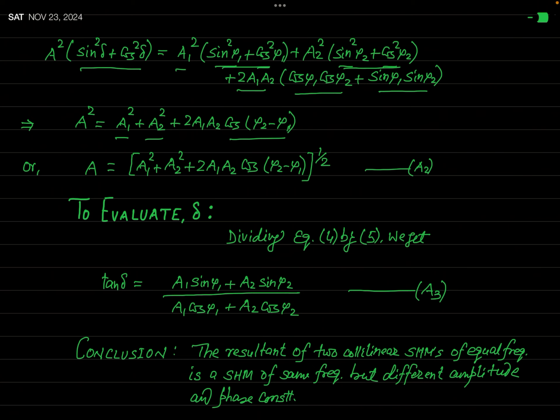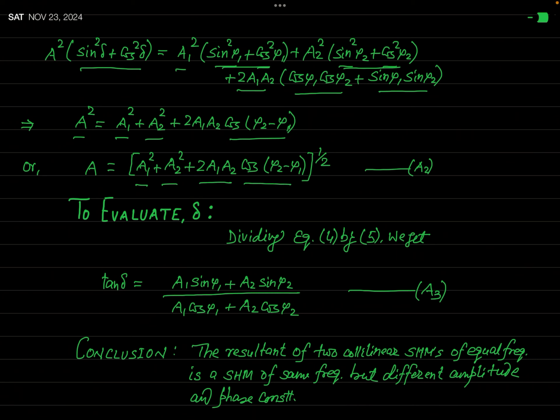You know cos of minus theta is equal to cos theta, so you can write cos of phi 1 minus phi 2 or phi 2 minus phi 1, both. In this way we have obtained the value of A square, and therefore A is equal to the square root of A1 square plus A2 square plus 2A1A2 cosine of phi 2 minus phi 1.